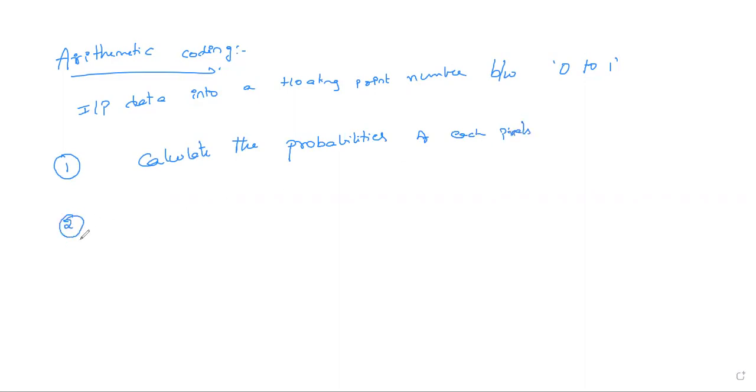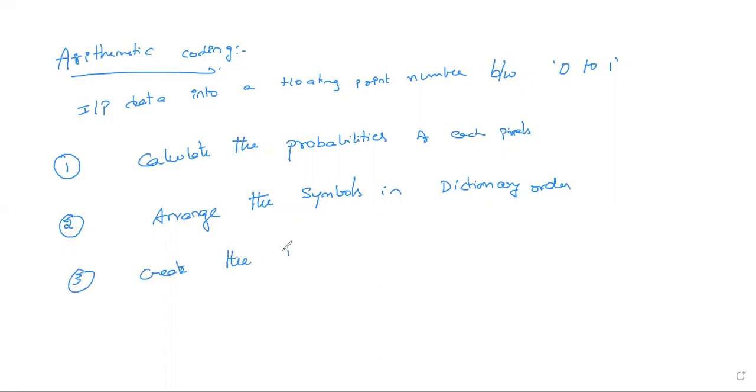After calculating the probabilities, we have to arrange the symbols in dictionary order. This is very important. Dictionary order. And then create the interval range to each symbol according to their probabilities.